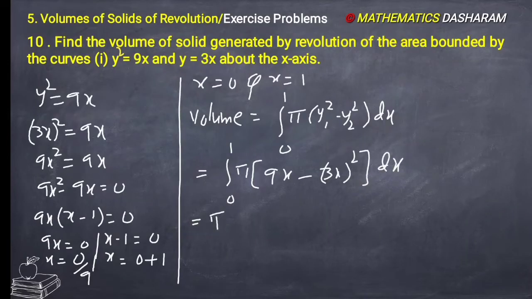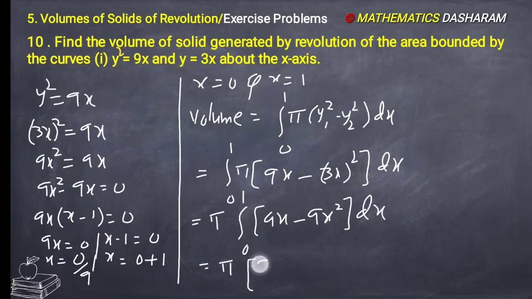So pi integration 0 to 1 of 9x minus 3x whole square, which is 9x square, dx. So it equals pi bracket of 9x square by 2 minus 9x cube by 3, 0 to 1.